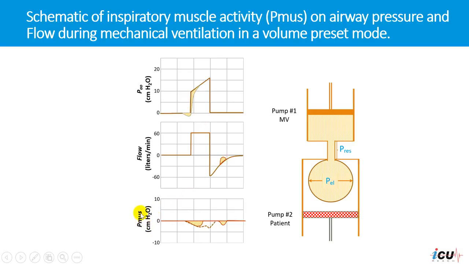This is the muscular pressure that is generated by the patient, and you can see that the patient starts a breath here. He continues to have a negative pressure here inside his esophagus, and also during expiration on the ventilatory breath, the patient is also initiating inspiratory efforts that push this expiratory flow to the baseline.